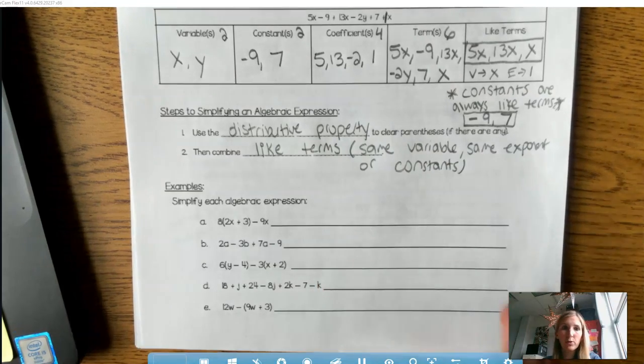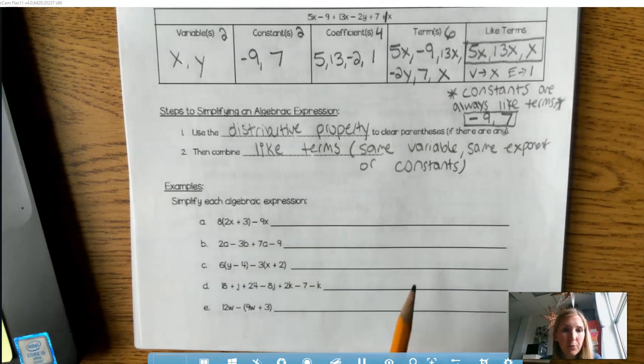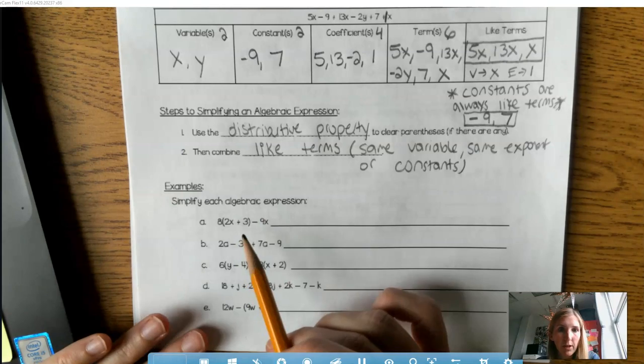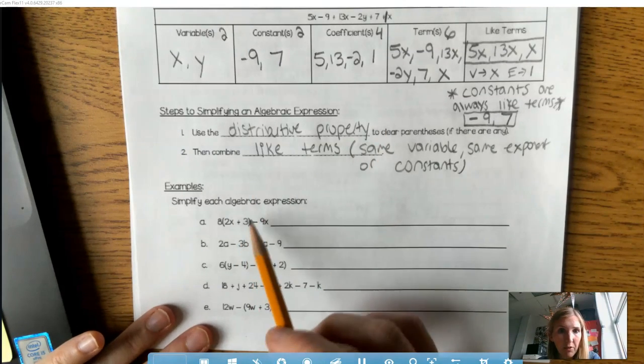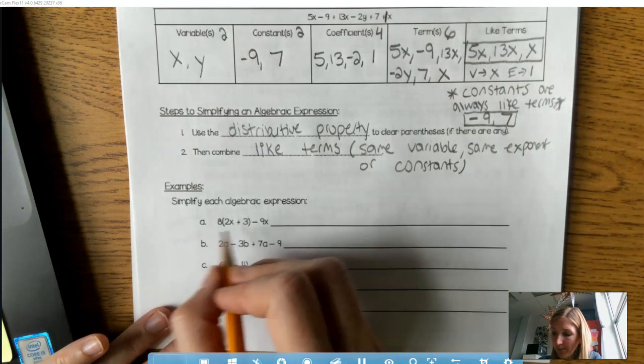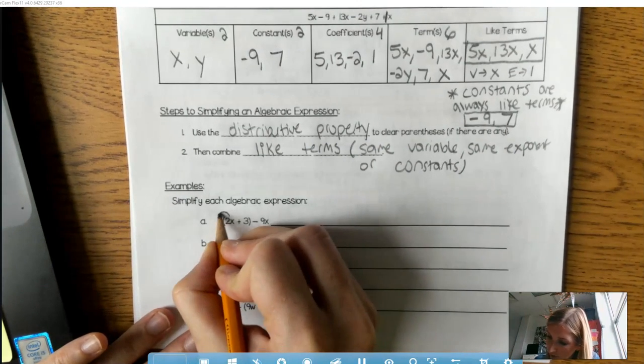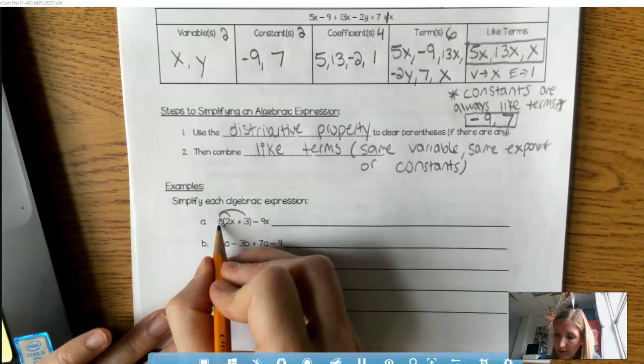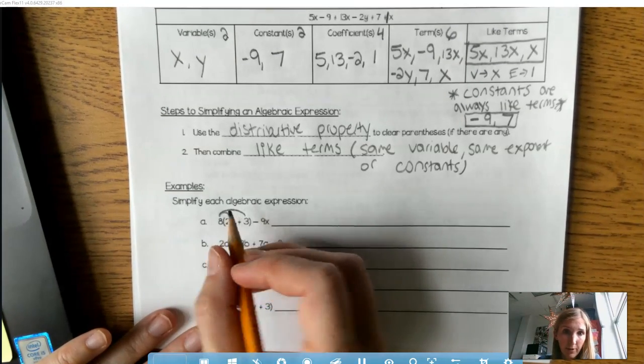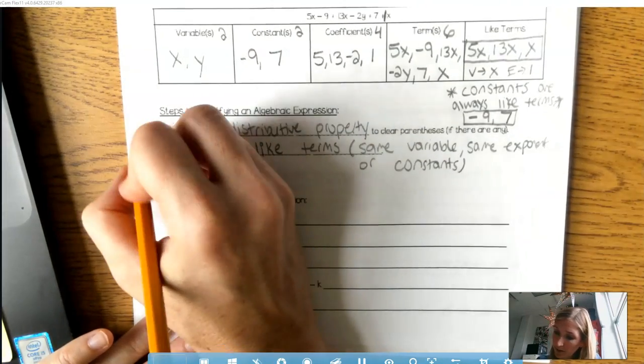All right, let's do it to it. Number 1, simplify each algebraic expression. All right, so we do have parentheses, so I do need to use distributive property. Now I'm going to distribute the 8 because it's on the outside. So once I do that, distribute means multiply, right? So distribute means multiply.